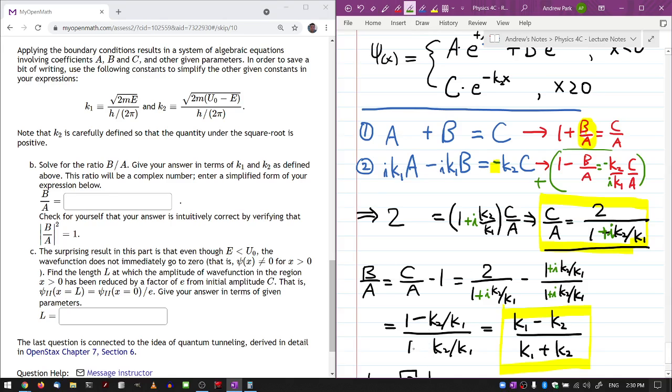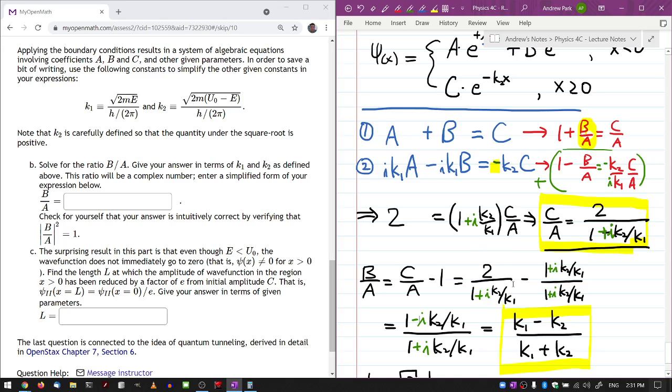This is 1 plus ik2 over k1, and the numerator is 2 minus 1, which is 1, and then I have minus ik2 over k1. I think this is where things get interesting.